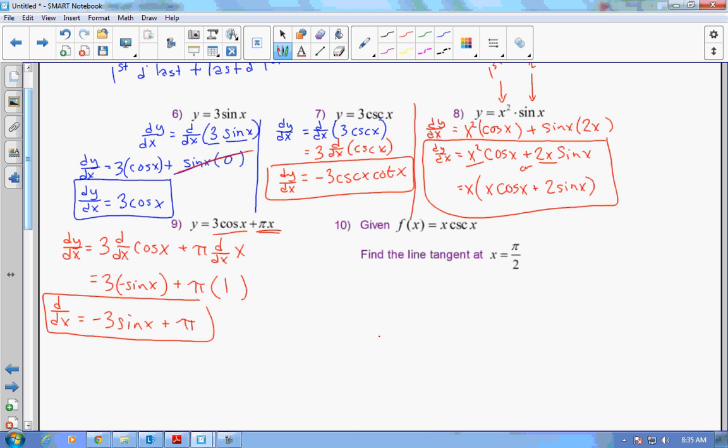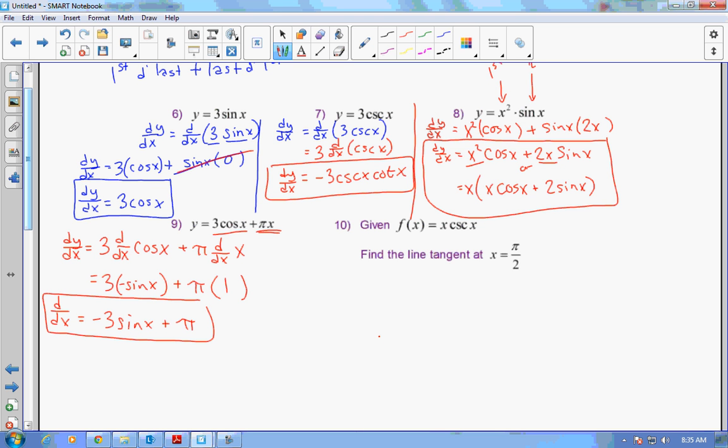Okay, number 10 is a little different. Given f of x equals x cosecant x, and the tangent line at x equals pi halves. I'm going to give you this blue packet here, and it has the stuff for all year long. It says, when you see these words, this is what you should be doing.